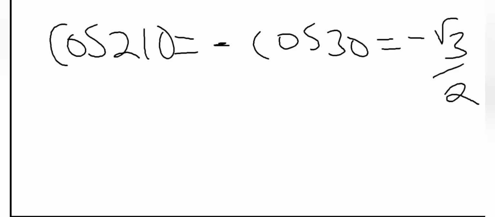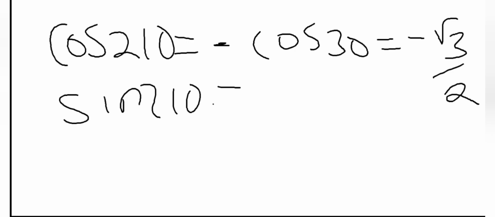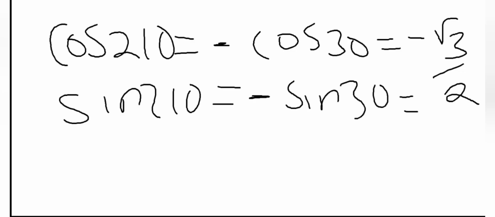We also know sine 210 is in the third quadrant, where y is negative, so we write negative sine 30, which is equal to 1 over 2. So sine 30 is equal to half.